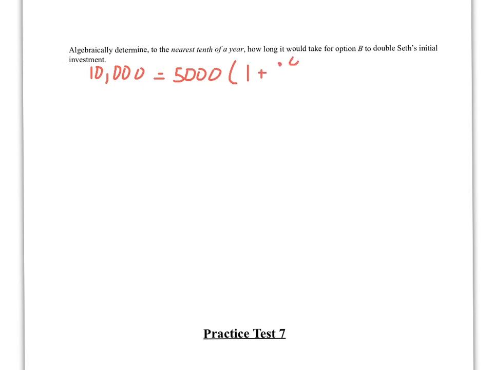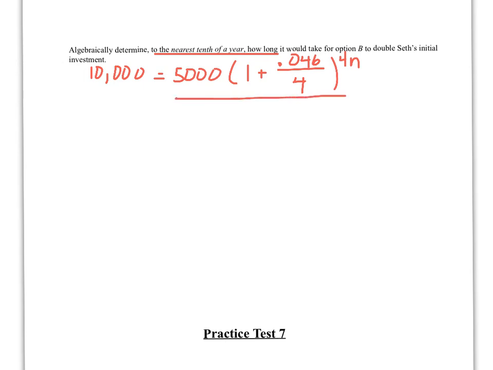Now option B, remember, was 0.046 over 4 to the 4n power, right? And it's asking, determine to the nearest tenth of a year how long it's going to take. And that's time, which is your n, which stands for years. Okay? All right, so let's try to get that n by itself.